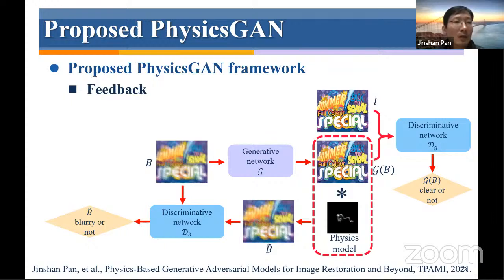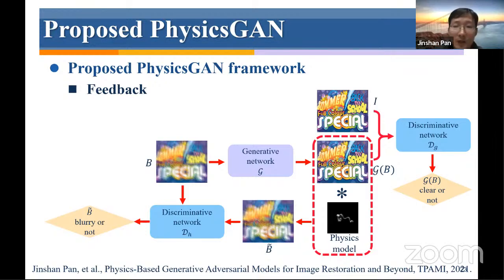And here is the overview of our method on the uniform image deblurring problem. During the training, the proposed method includes the forward stage and the backward stage. The forward stage is the conventional GAN model that is widely used for image restoration.